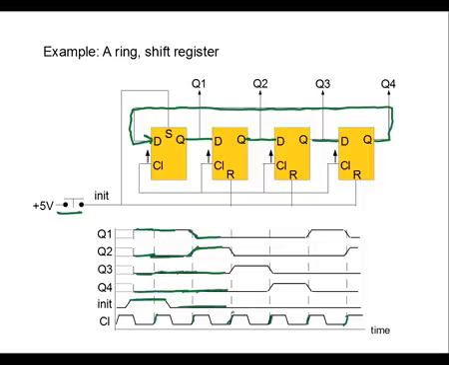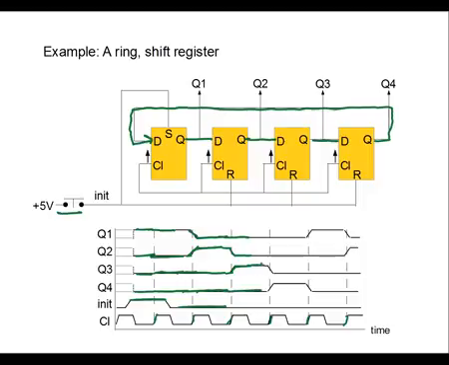At the next clock activity, Q1 receives the input from Q4, so it's still 0. Q2 receives the input from Q1, so it goes from 1 to 0. Q3 receives the input from Q2, so that now flips Q3 up, and Q4 receives the input from Q3, which stays at 0.